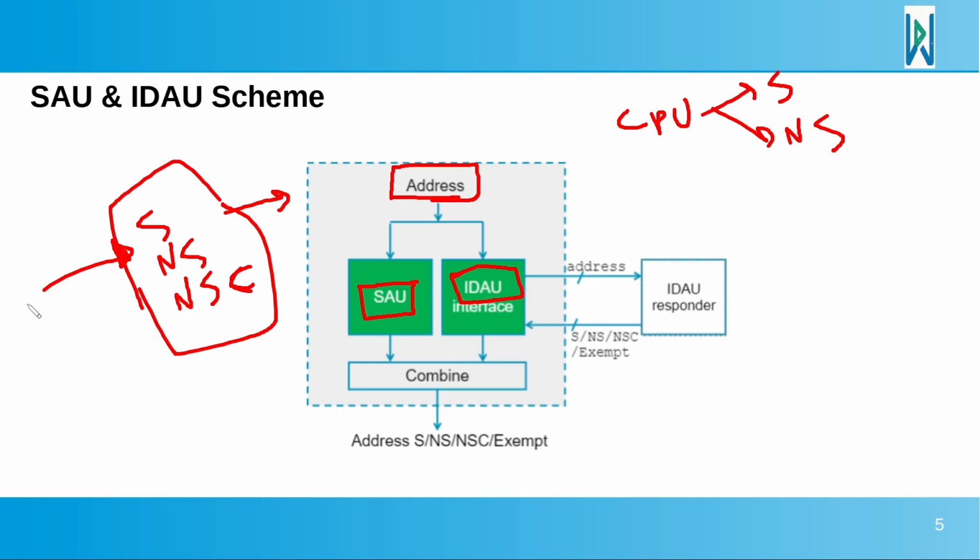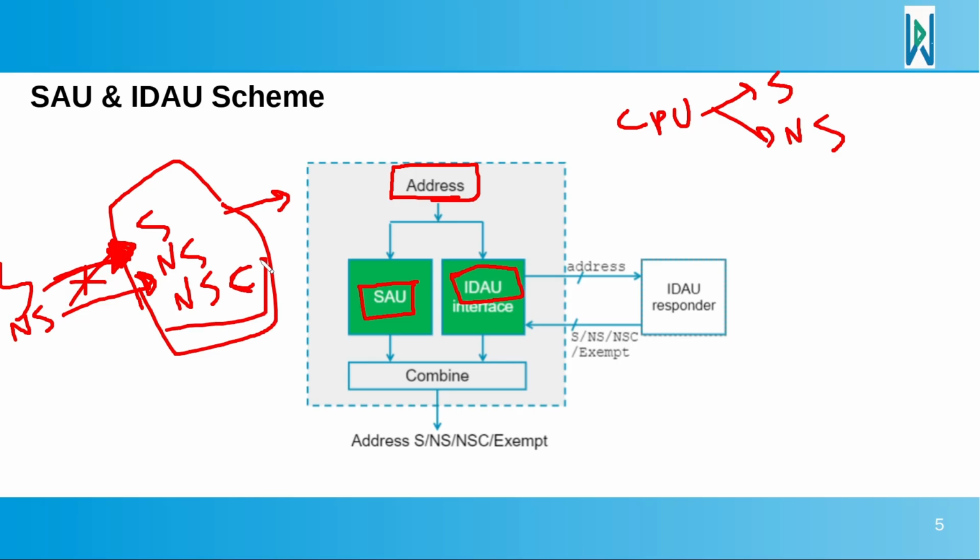In general, if the CPU is in secure state, then it will be able to access memory region marked as secure. If the CPU is in non-secure state, then it will be able to access memory region marked as non-secure. However, it cannot access memory region marked as secure.